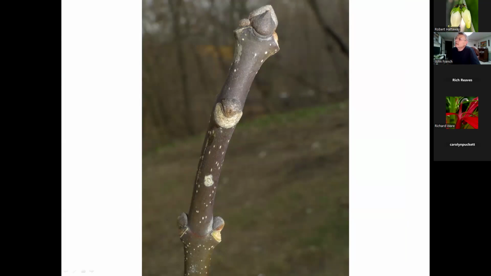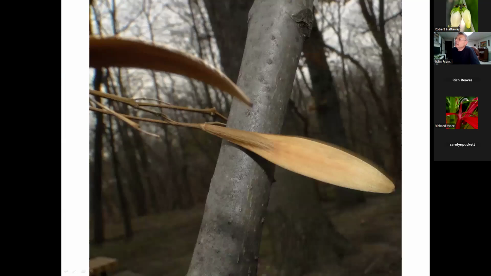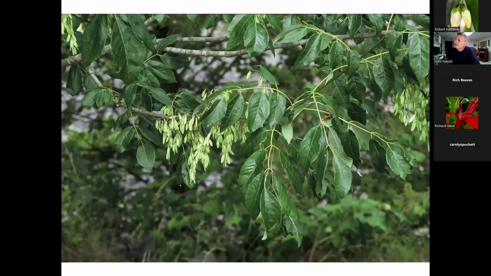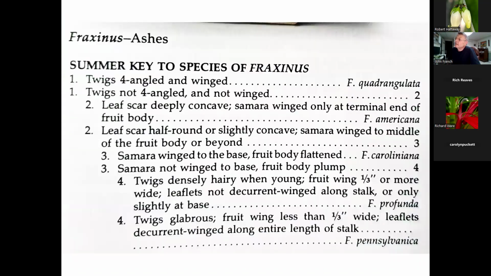Yeah. But some of these things, like the ones I took over here, are halfway. I mean, you can't tell anything about those. But see the key here, we screwed the key up, but just discussing it is a better way anyway. In the key, for Americana, the twigs are not four-angled or winged, and the leaf scar is deeply concave.